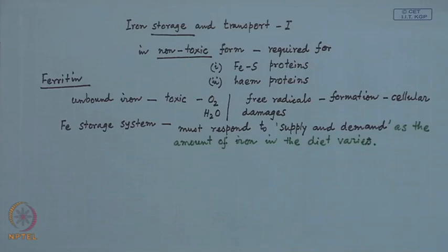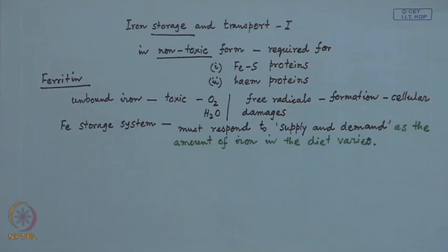That means if we consume some excess amount of iron from our food, then the excess iron can be stored. But if we have less iron than is required for the synthesis of these protein molecules, we have to supply iron from our storehouse.